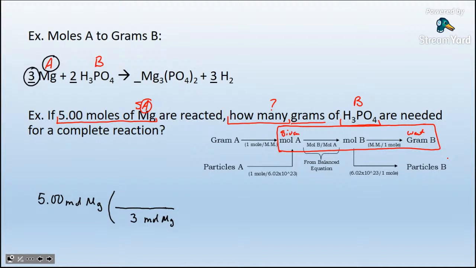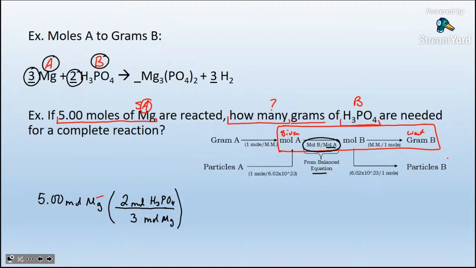So my 3 moles of magnesium, which again matches what the roadmap tells me, moles of A from that balanced equation in my denominator, and then moles of substance B on top. So my substance B is my phosphoric acid. And again, the equation tells me there are 2 moles of that H3PO4. I can close the parentheses.